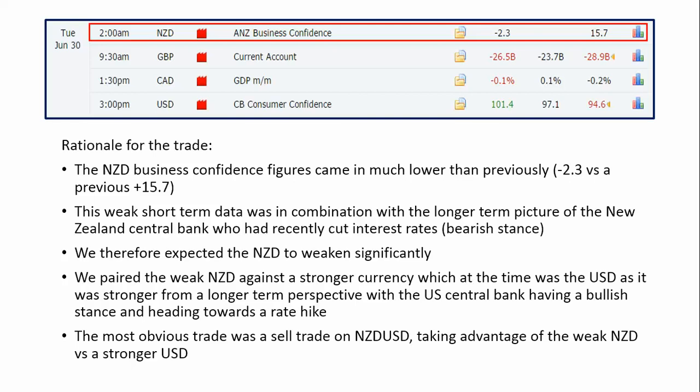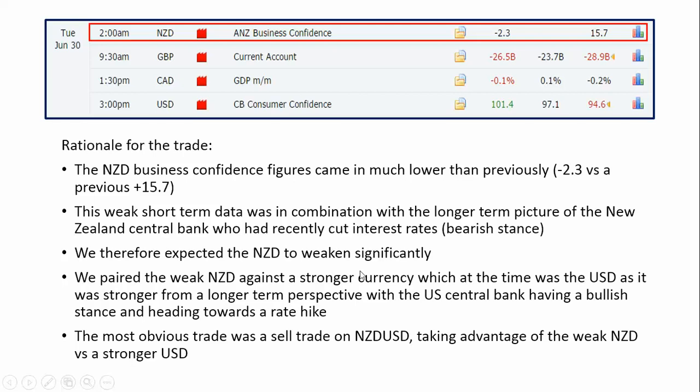Now, why did we pick the US dollar? Well, at the time, the US dollar from a longer-term perspective was much stronger than the Kiwi. Why? Well, the Kiwi had recently cut interest rates, bad for the local currency, whilst America was heading ever closer towards a rate hike, which is good for the local currency. So we paired the weak Kiwi against the stronger US dollar.